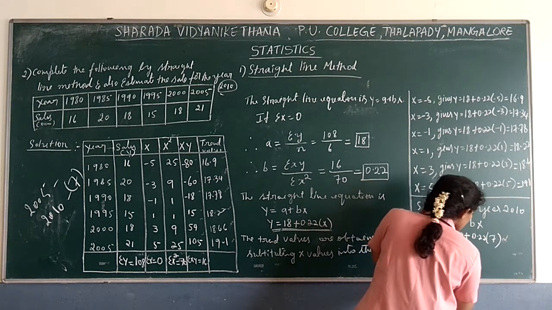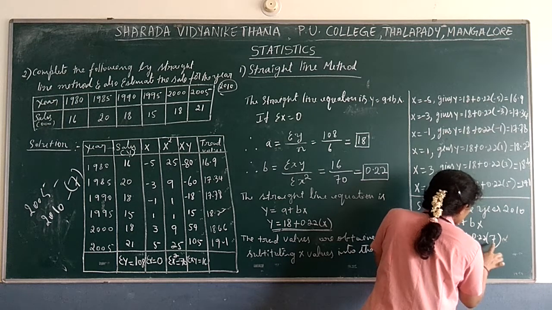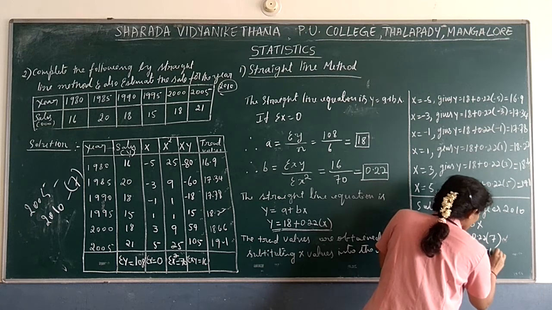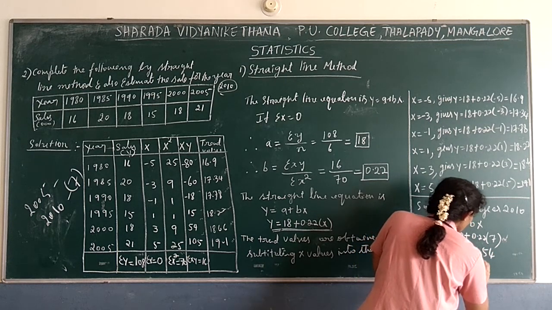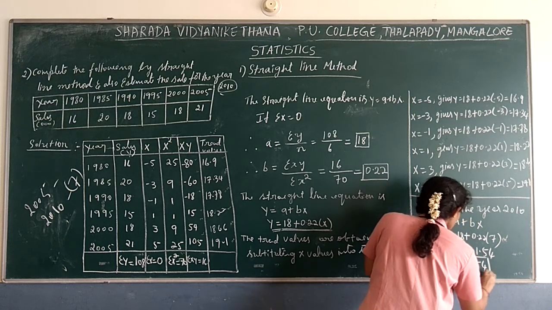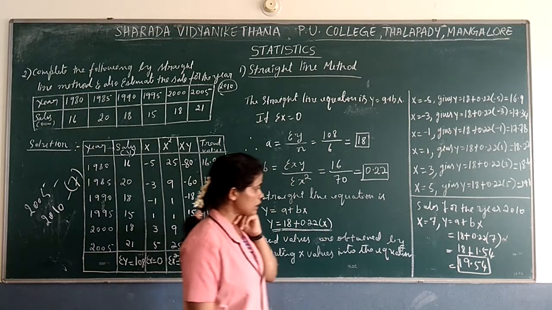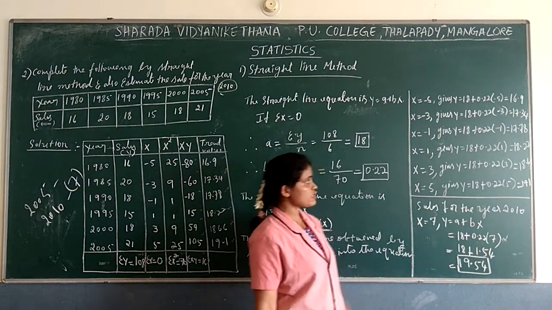So here what do we get? 18 plus 0.22 into 7 we get 1.54. So if we total it we get 19.54. This is for the year 2010.